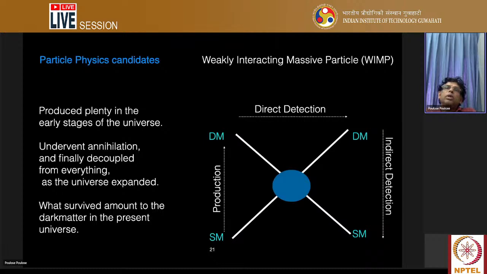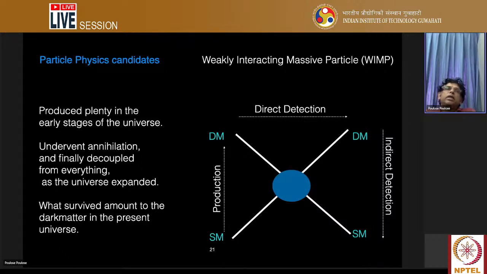If that is so, then is it possible that in their interaction with some nuclei or matter on Earth, they can be detected? These are called direct detection experiments for dark matter, where dark matter and some nucleus or standard particles may have some kind of interaction with each other, and then we may be able to find that.